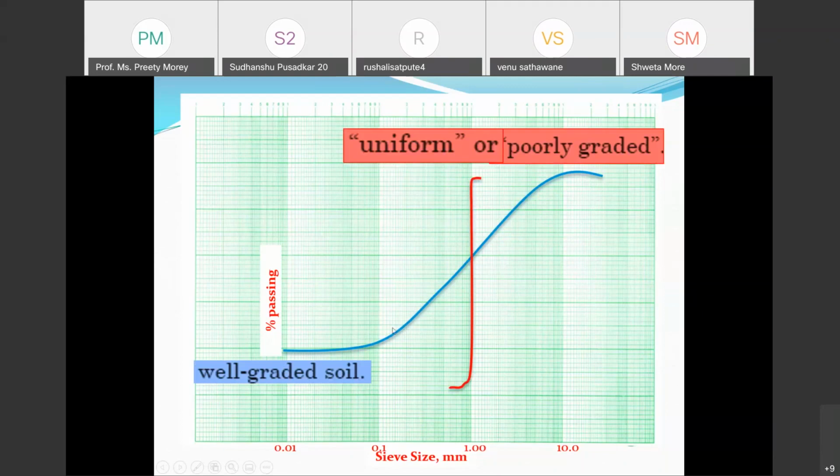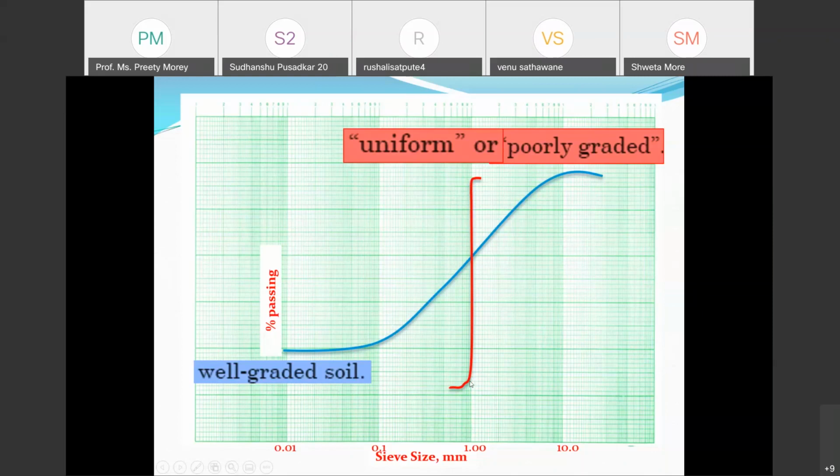Now the second plot which I had drawn indicates that this soil has the maximum quantity of soil of this one diameter, because from this percentage to this percentage, the soil has passed of this particular diameter.